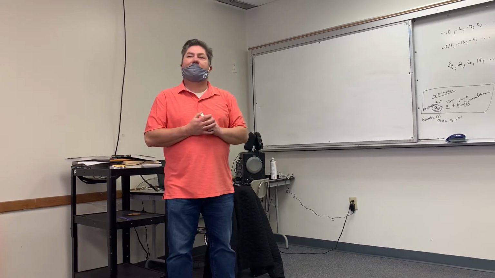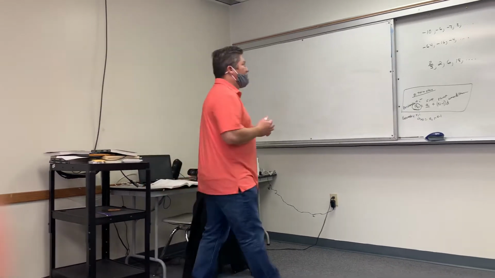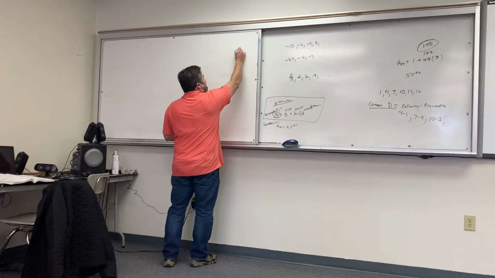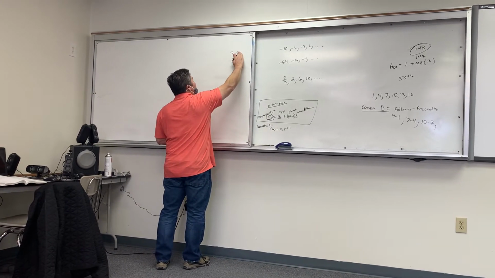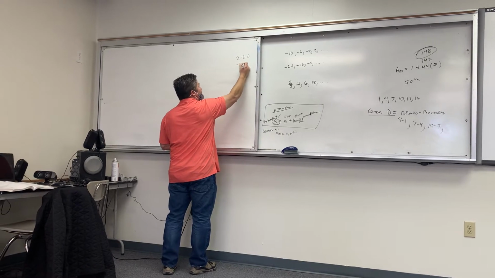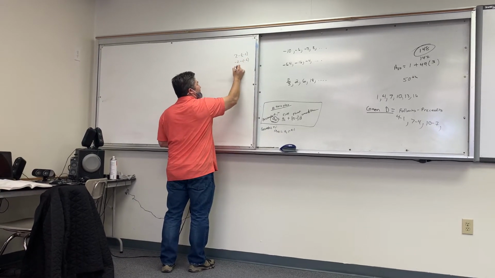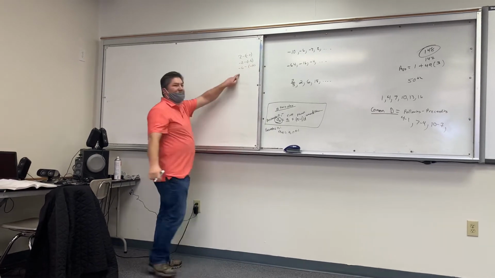What am I adding? 4. You can tell if you want by taking 2 minus negative 2. So if I take 2 minus negative 2, if I take negative 2 minus negative 6, if I take negative 6 minus negative 10, what am I doing over here?